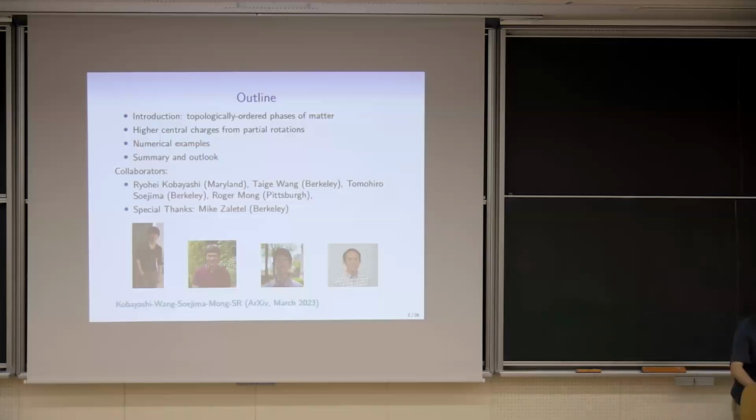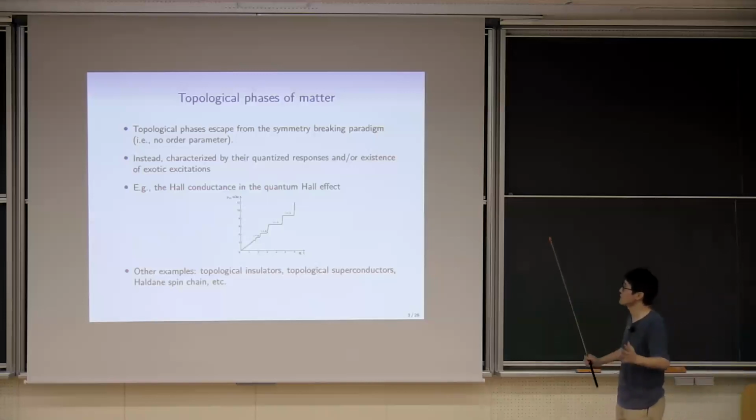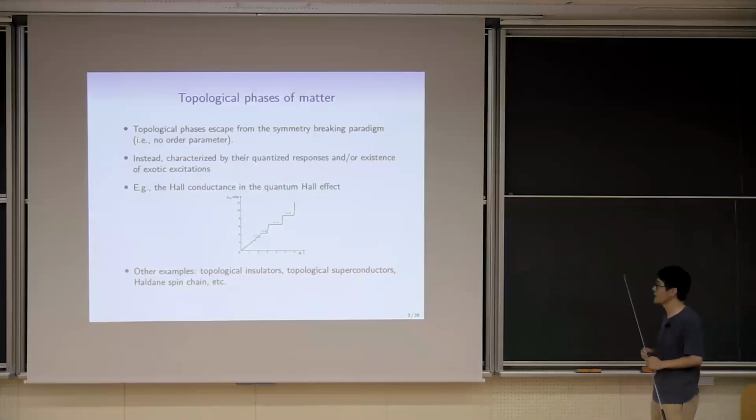Okay. So let me start with topological phases of matter in general. Basically, these are interesting or exotic states of condensed matter which are not characterized by the symmetry breaking paradigm, at least in a naive way.